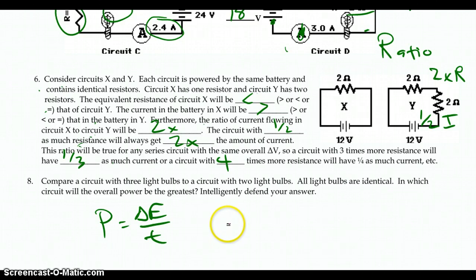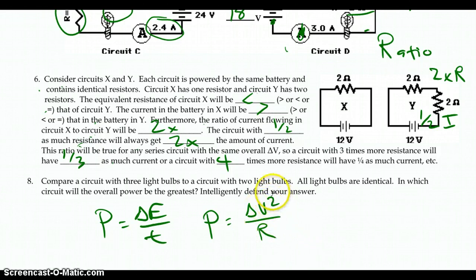we're hooking the same circuit up. We assume that all the light bulbs are identical and that the potential difference is identical, so the resistance of the one with 3 light bulbs will be greater. If we look at the power in terms of what happens with resistance, we can use delta V squared over R and do a comparison with that.